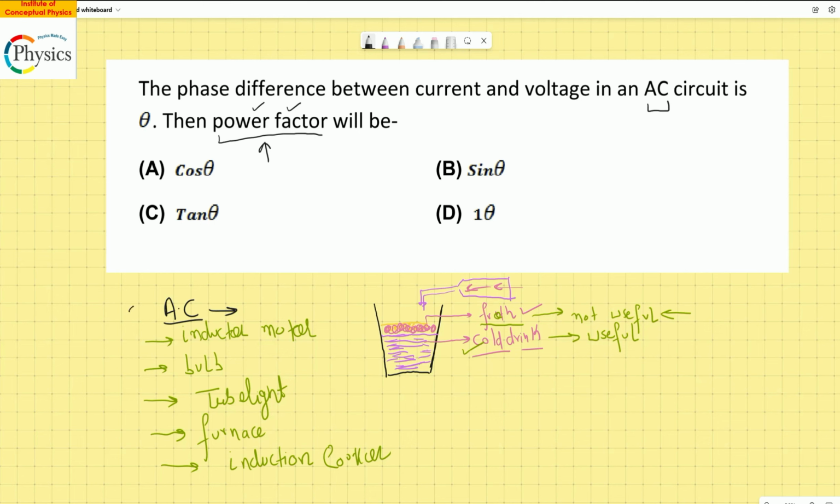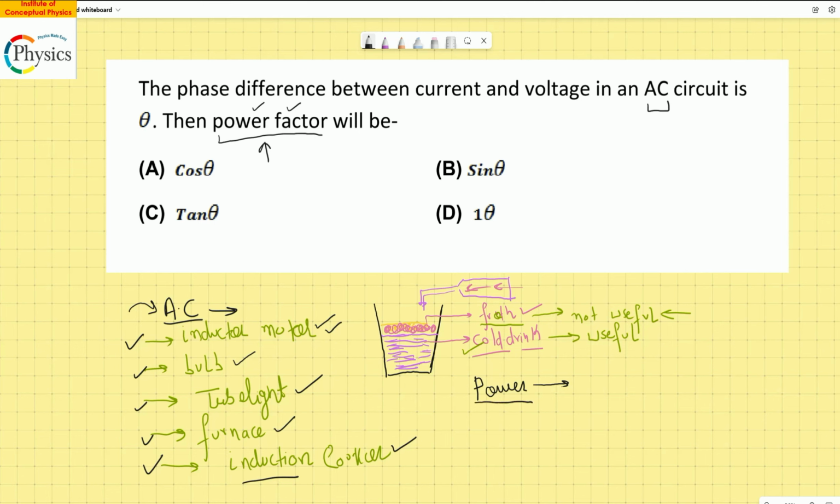The current or the power, let's use the word power, which is supplied to your house, is supplied to different types of equipment. Why is it power supplied? Because these are the loads. A bulb is a load, an induction motor is a load, a tube light is a load. So when you hear the word load, these are the consumers of power. They consume power, and you have to pay for the power.